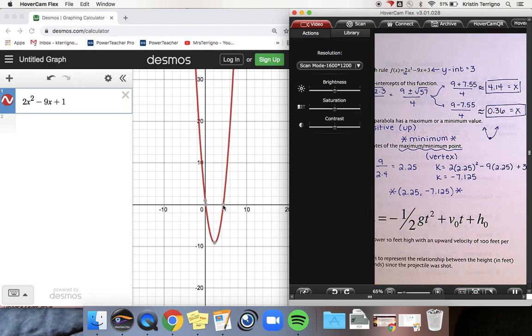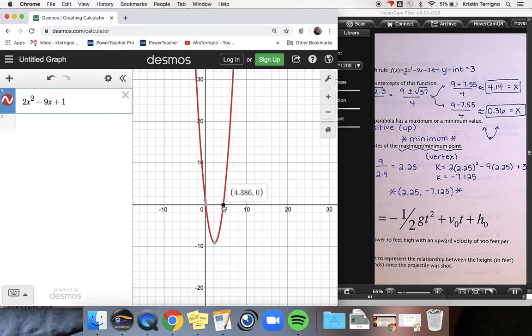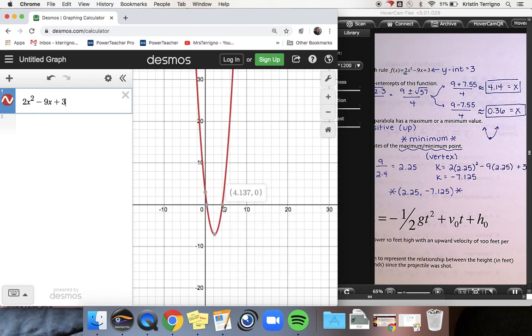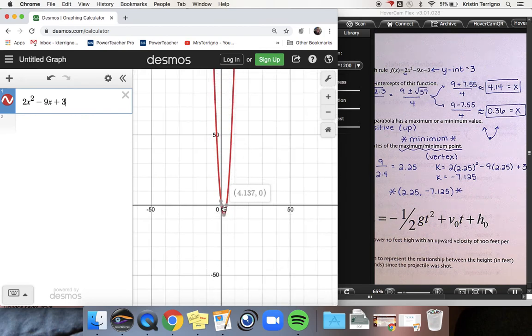So here's one intercept at 4... Oh, that is not good. 0.114. Oh, because I put plus 3. Sorry, this should be a plus 3. Okay, there we go. That's 4.14. And there's 0.36. Again, we rounded, so ours are a little off. But if I hover over those, 4.14 and 0.36, okay, sorry about that little mix up there.